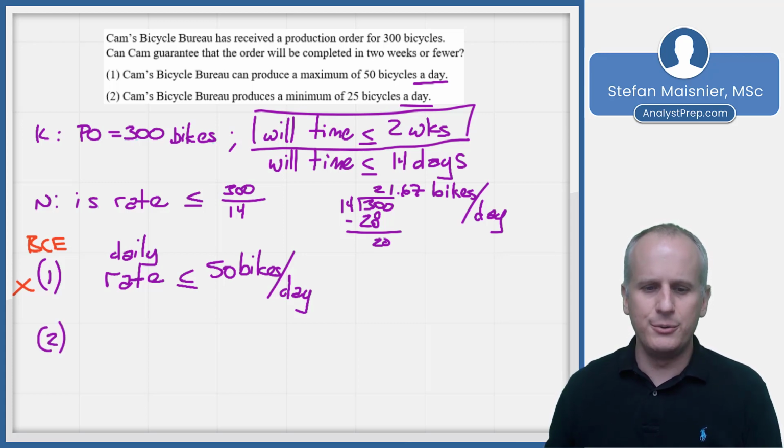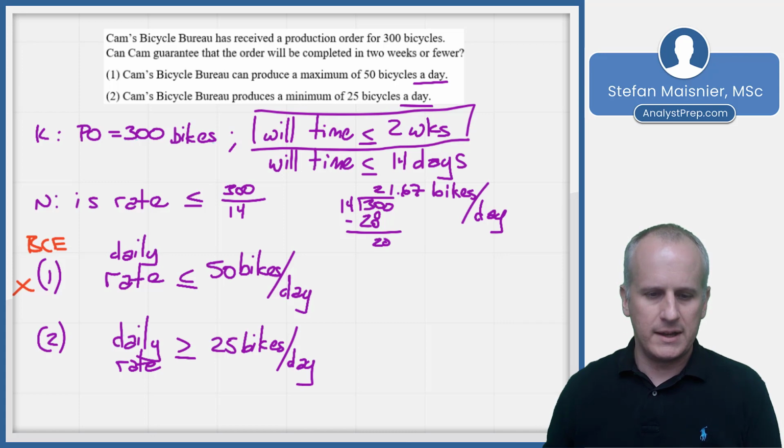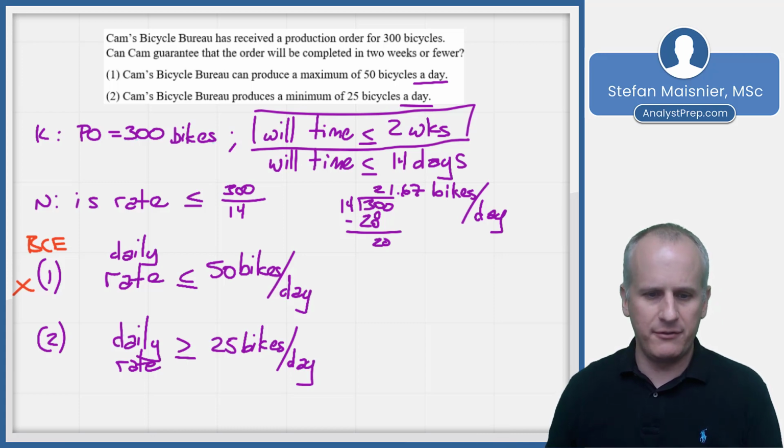Now, condition 2 says that the Bicycle Bureau produces a minimum of 25 bikes a day. So that means that my daily rate is greater than or equal to 25 bikes per day. And that, if we have what we need, guarantees that we're going to reach that minimum of 300 bikes in 2 weeks or fewer.